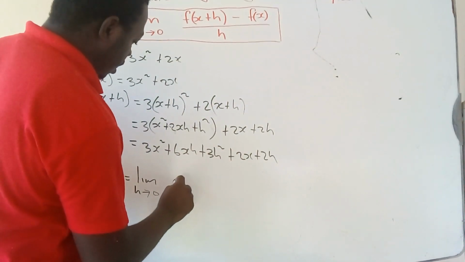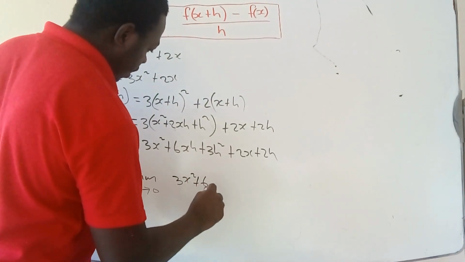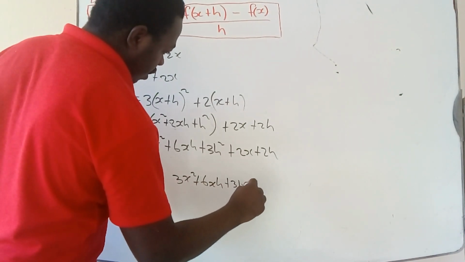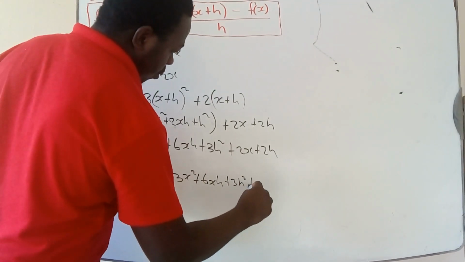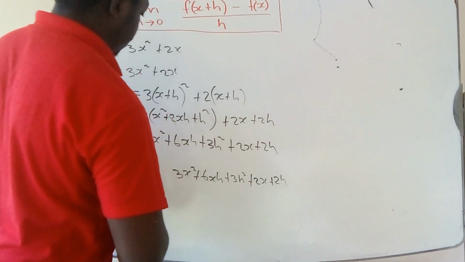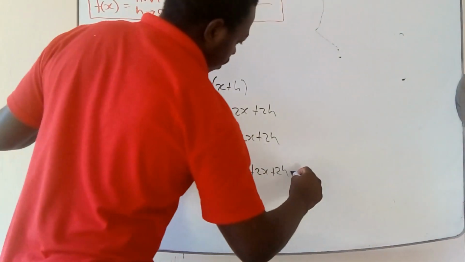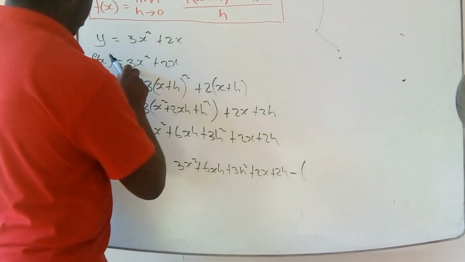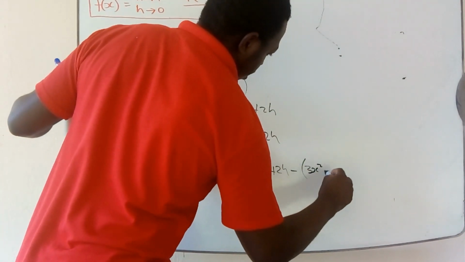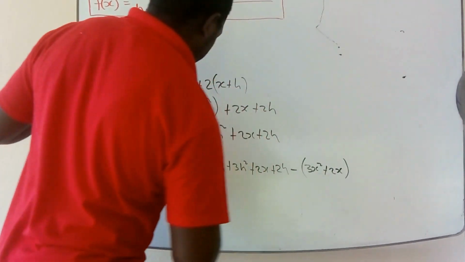So it's going to be 3x squared plus 6xh plus 3h squared plus 2x plus 2h, right? All of that, subtract f of x, put a bracket, subtract 3x squared plus 2x, right?